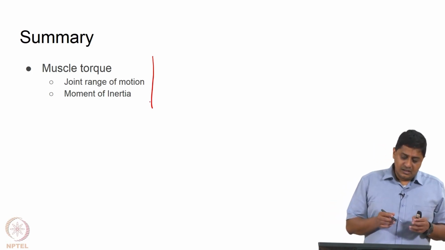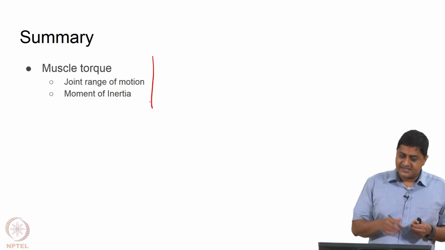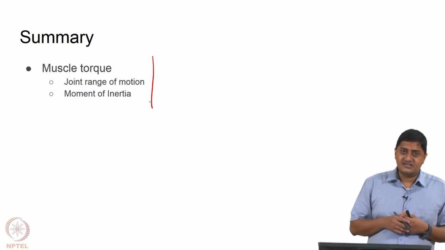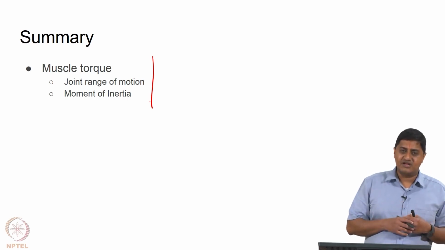However, if you are a beginner in a given motor task, there is some task that is given and you have no clue or you have never done that before in your life, then it is not expected that the energy that is expended will be minimal, right.